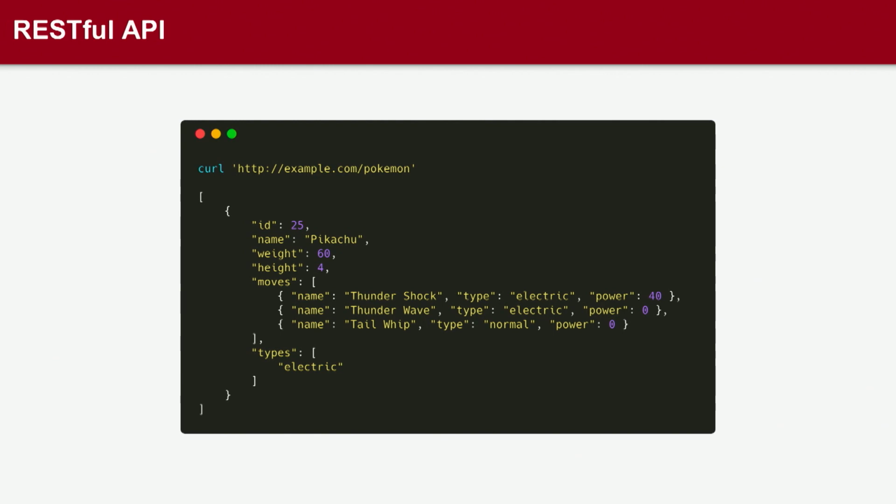I know there's tons of APIs out there for Pokemon data, but so that way I don't bash anyone, this is a fictional API. You can access it with curl, and in theory, when you make a request to this API with HTTP, you're going to get an array back with whatever data exists for a particular Pokemon. And this could be very lengthy, it could be very small, it could be however this particular API endpoint was designed.